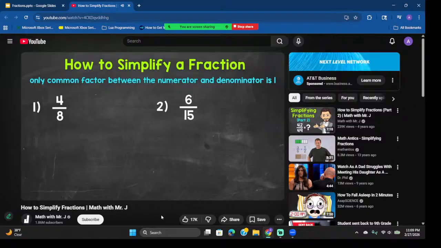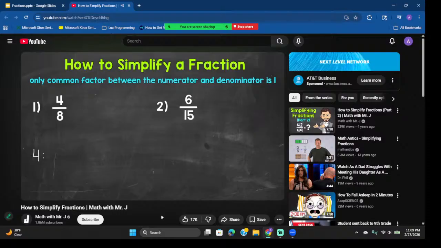We'll start with 4, so let's come down here. So when it comes to factors, we need to think all of the numbers that we can multiply together to equal 4, or all of the numbers that 4 is divisible by. You can also think of it as all of the numbers that go into 4, so to speak.